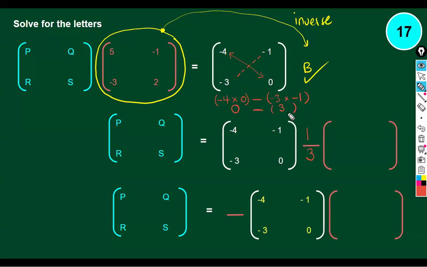Sorry, I think I did something wrong here. 0 minus 3 is minus 3. Oh Lord, guys, sorry. I did it wrong.